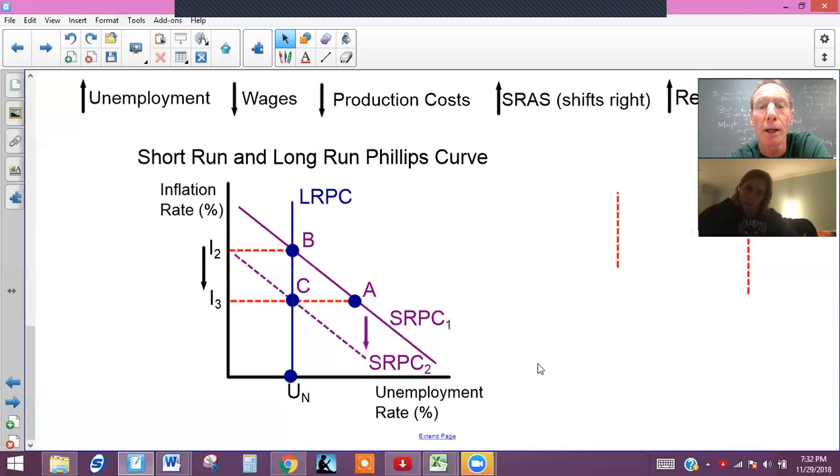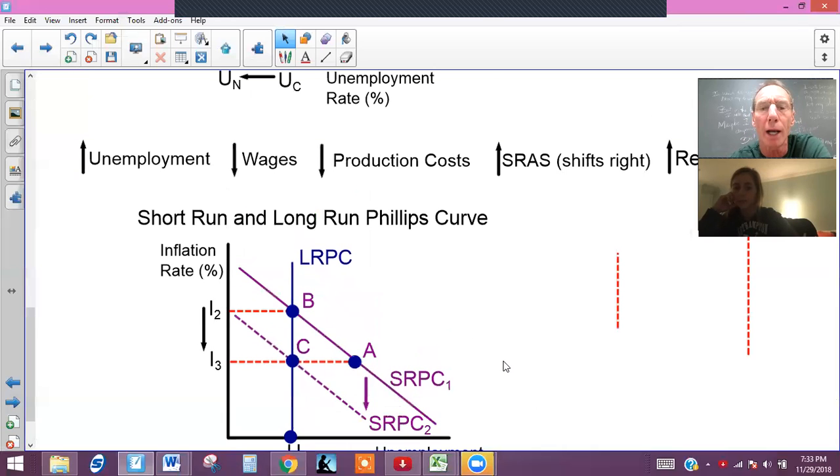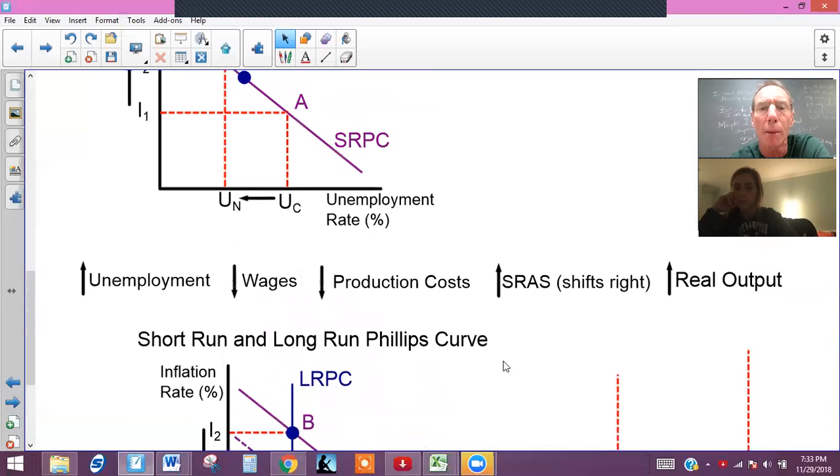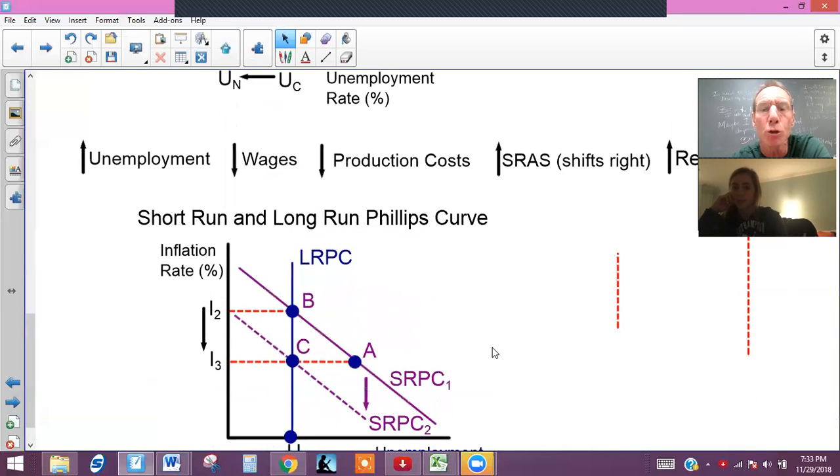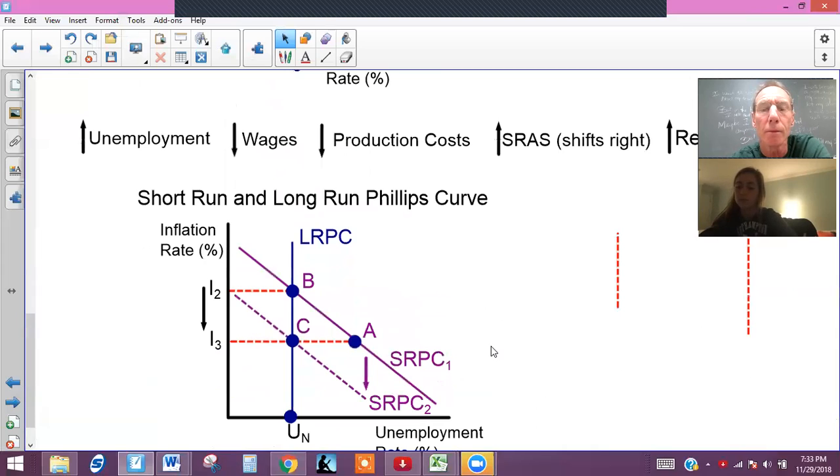Yes. In this problem that we did, we had a shift. And I can't, off the top of my head, remember why it shifted, but we did a problem with this. Let me think about this a second. This would shift, which would mean that at every level, like when you think about a shift from here to here, you're saying that at the same price level, you have more employment.